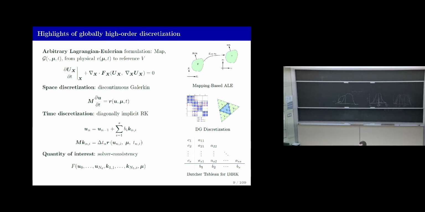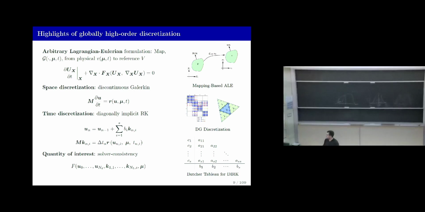And now all of a sudden you have s stages. So what diagonally implicit Runge-Kutta is, they have a Butcher tableau that's diagonal. So you can solve one stage at a time. And then to get to stage 2, you just substitute stage 1 into stage 2, and then you can solve for stage 2. Substitute stage 2 into stage 3, and then you can solve for stage 3. So they're implicit, they enjoy a lot of the nice stability properties of implicit methods, but you don't have to solve this combined system, and you can be higher order.